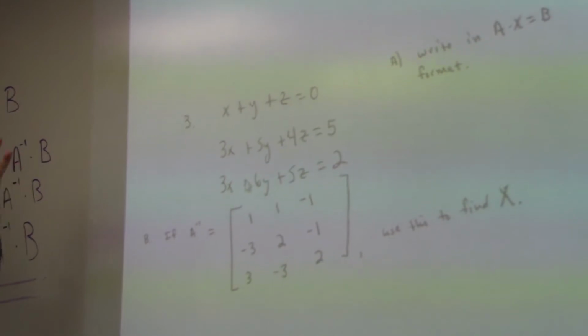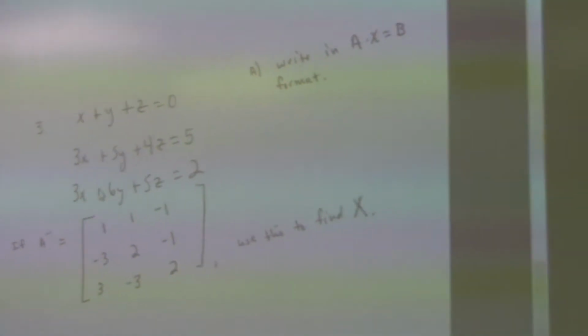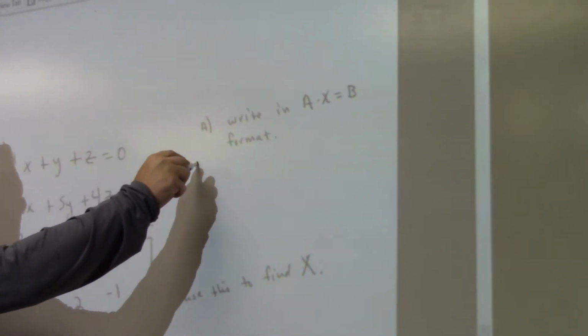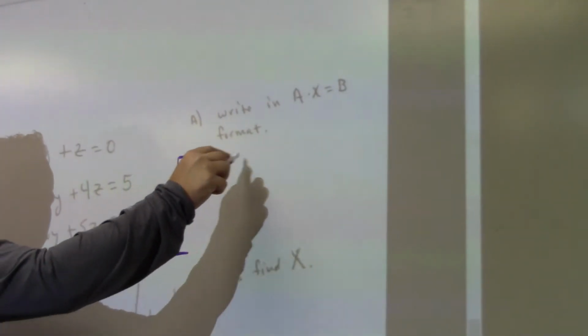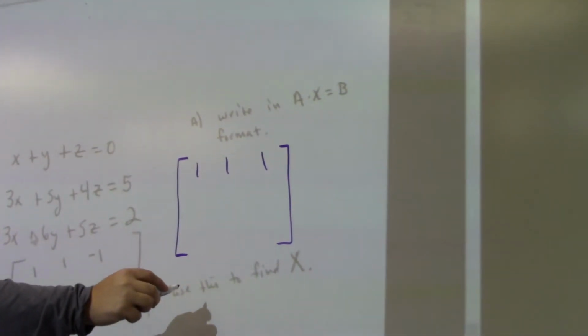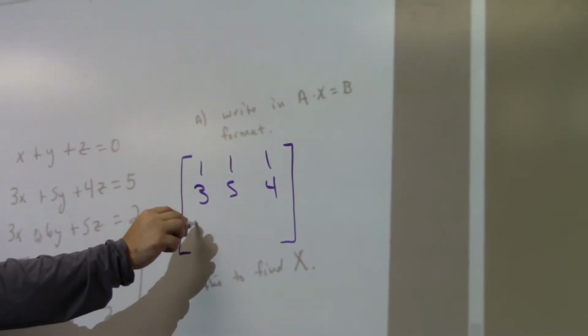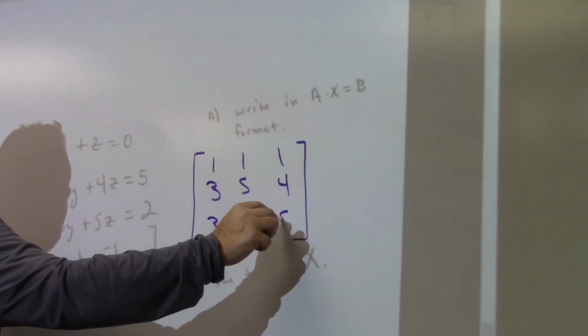So first of all, what would A be in this problem? Chloe, what do you think? What would the A matrix be? 1, 1, 1, 3, 5, 4, 3, 6, 5.